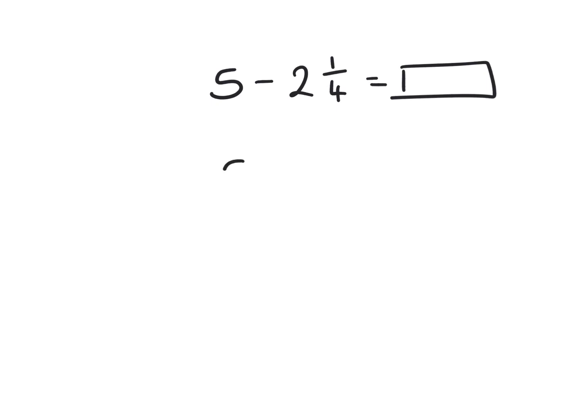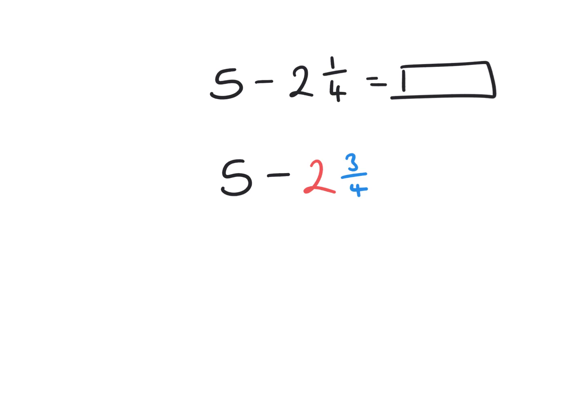Okay, next we can have a look at subtracting a mixed number from a whole number. So let's take an example of 5 subtract 2 1/4. We'll see what the final outcome is. And a couple of options here. If I rewrite this, splitting our mixed number up into colours, we can take it as 2 steps.